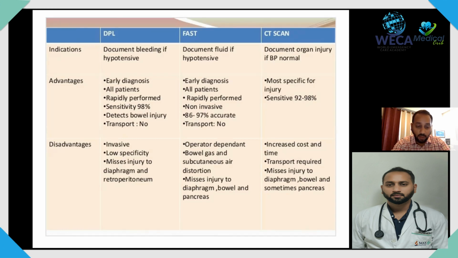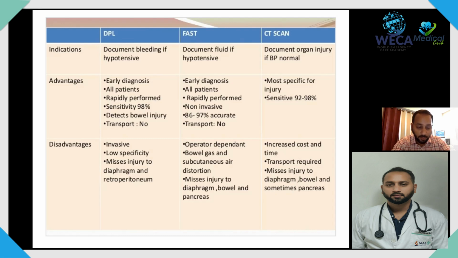Peritoneal lavage can detect bowel injuries if any bile or fecal matter is aspirated. The diaphragm and retroperitoneum will be missed, specifically in FAST as well as in diagnostic peritoneal lavage.